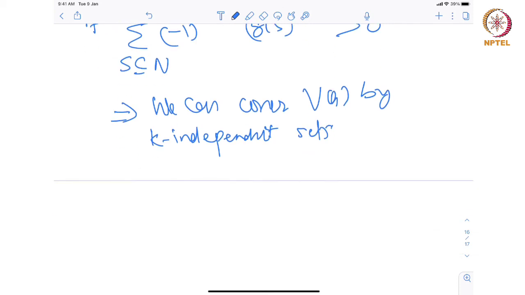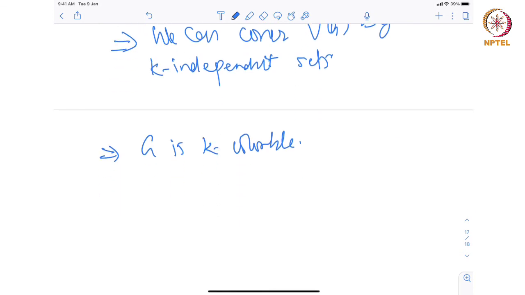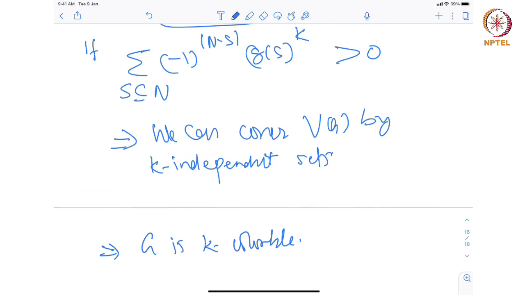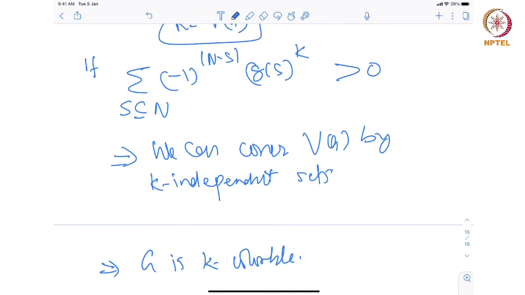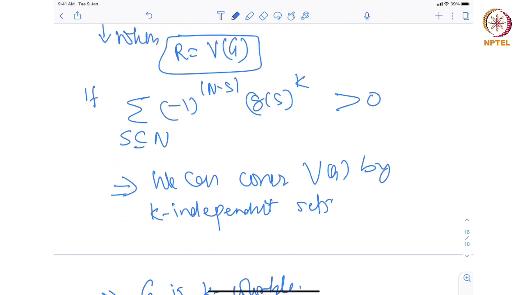And if we can cover V of G by k independent sets, then G is k colorable. The reverse direction is very simple: if G is k colorable, we can cover V of G by k independent sets, and then this sum is always going to be non-zero.